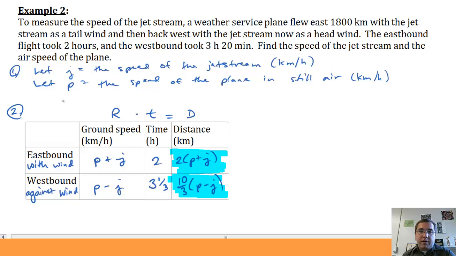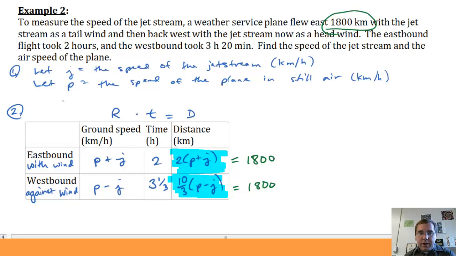We could write them as one equation, but that one equation would have two variables, and that's not going to help us. But instead, we actually know what that distance is. We were told it's 1,800 kilometers. So we can set the eastbound box equal to 1,800, and we can set the westbound box equal to 1,800.